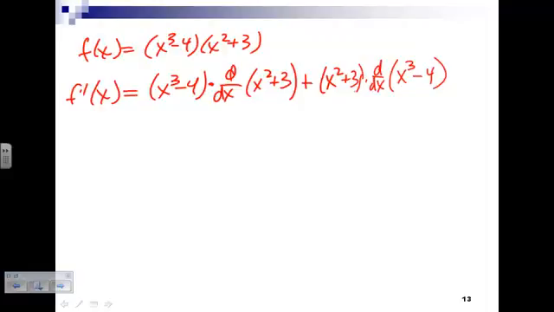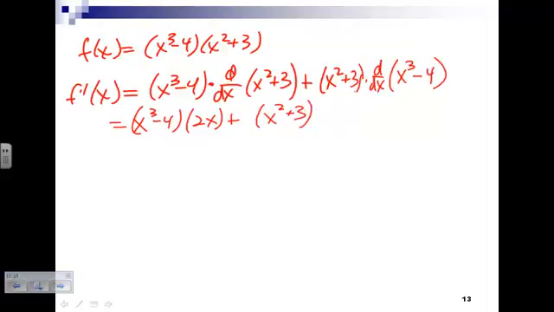And now we're ready to do the derivatives, those two little derivatives, to get the answer. This is equal to x cubed minus 4 times, what is the derivative of x squared? 2x, plus x squared plus 3.